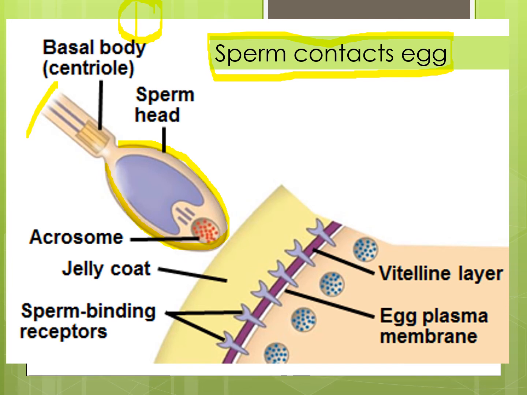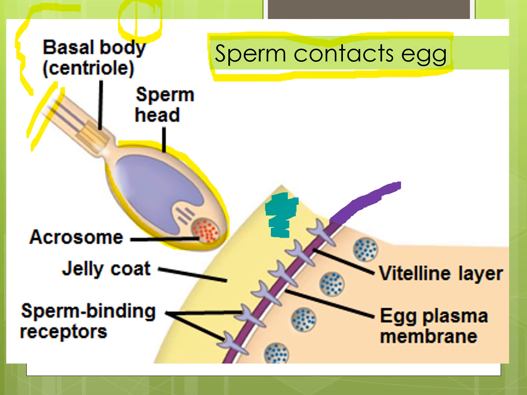We will then have the sperm tail, which will move and allow it to contact the egg. If we then have a look at our egg cell, on the outer region we have a jelly coat. Then just below that we have a vitelline layer.